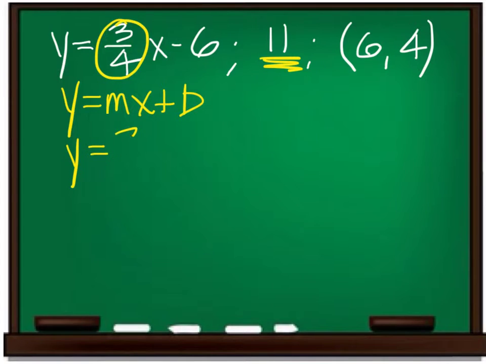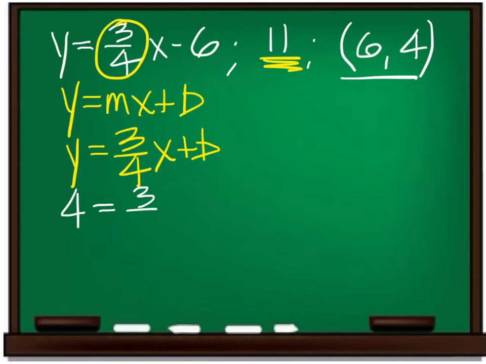So y equals 3/4 x plus b. Now plug in the point 6, 4. That would be 4 equals 3 over 4 x, not x, but actually 6, and then plus b.